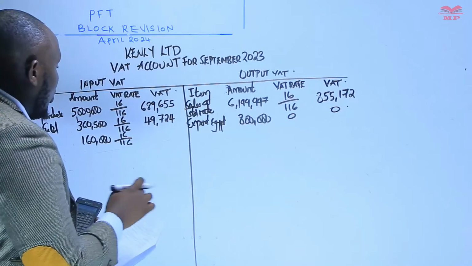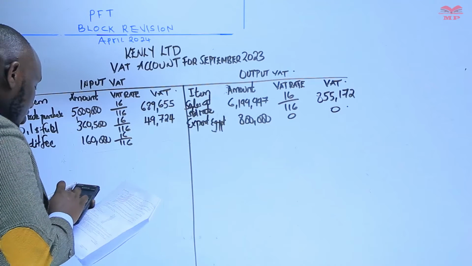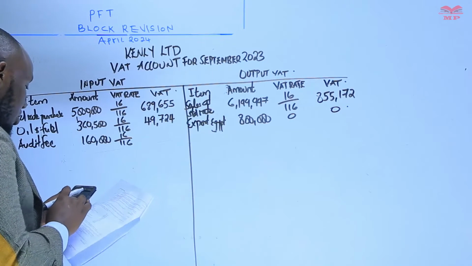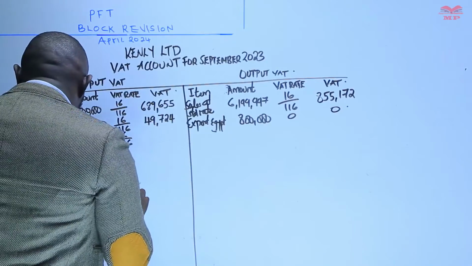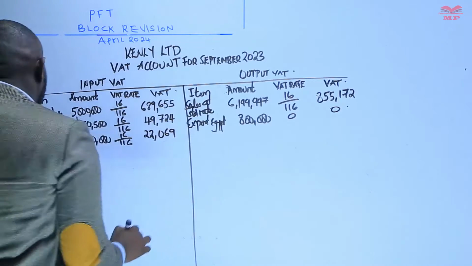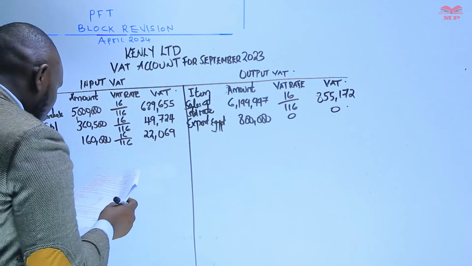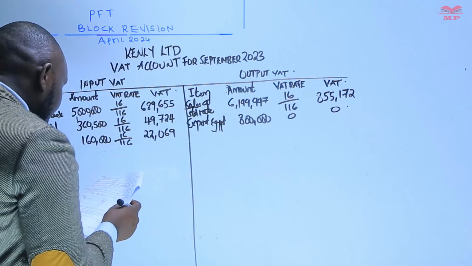Why do you use 16 over 116? Because it's inclusive. So the figure should be 22,069.